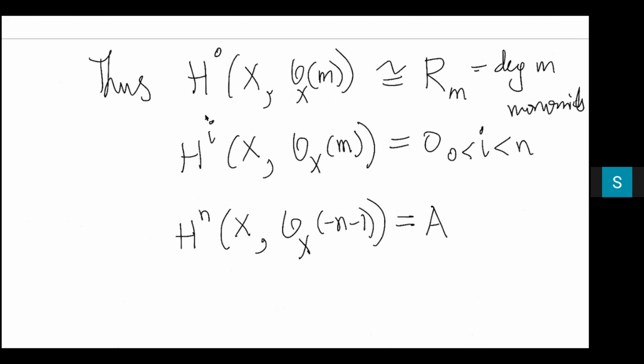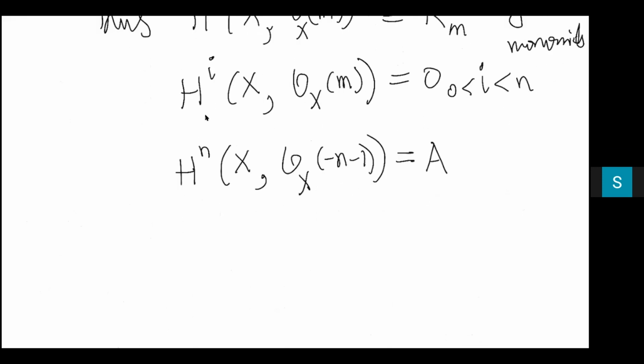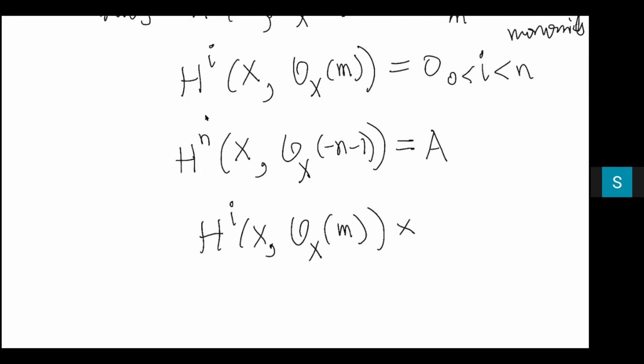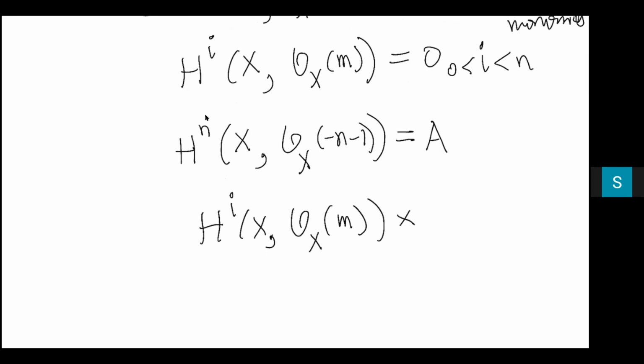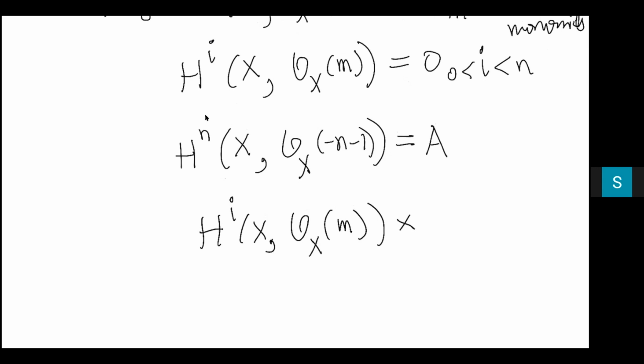And for the last one, one can also show that there is a pairing. So there exists a pairing H^i(X, O_X(m)) cross H. This needs a little bit of calculation, which I'll skip.